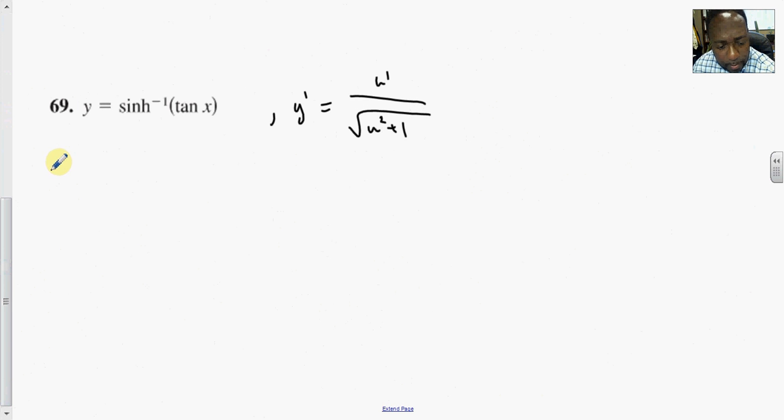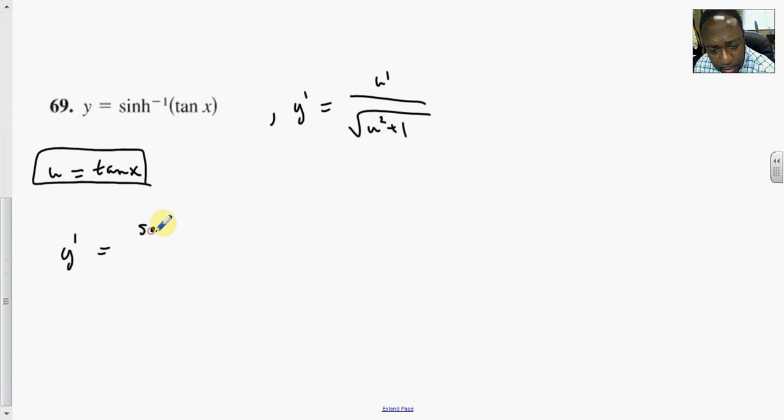So if that's the case, then u prime, the derivative of tangent, is secant squared x. This is all over the square root of u squared, which is tangent squared x plus 1.